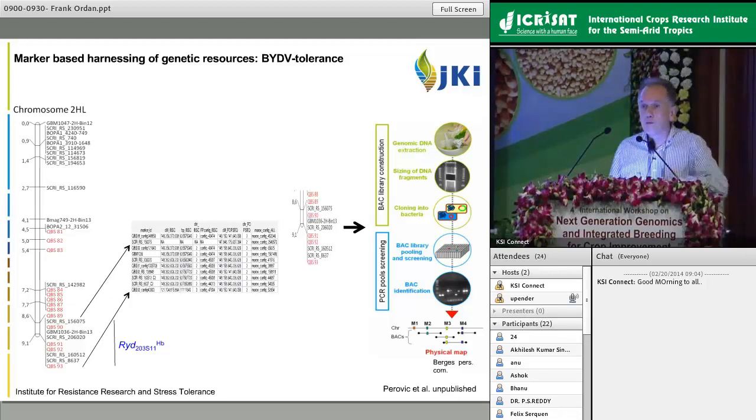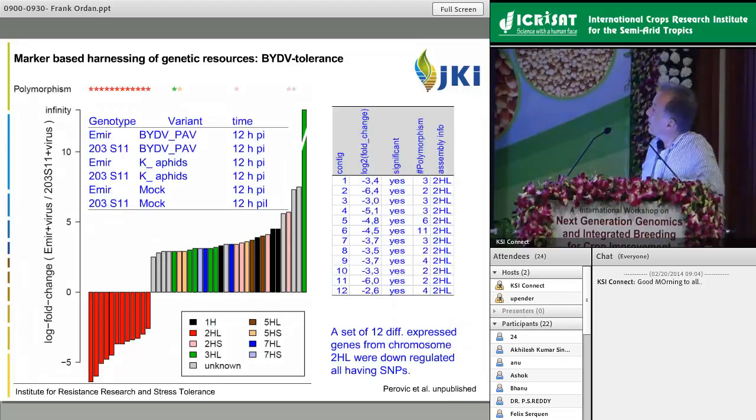We did not hear much about it during the conference up to now, but in collaboration with the IPK, we also conducted RNA-seq, and we identified in the end 12 genes downregulated in the line carrying the introgression, and all these genes are located on chromosome 2HL, and they are carrying SNPs.